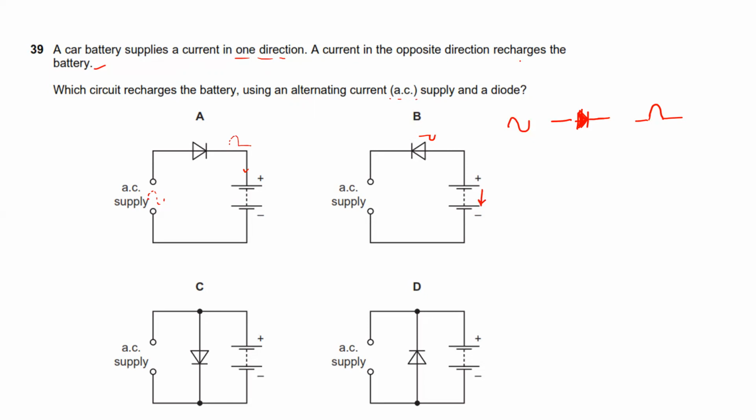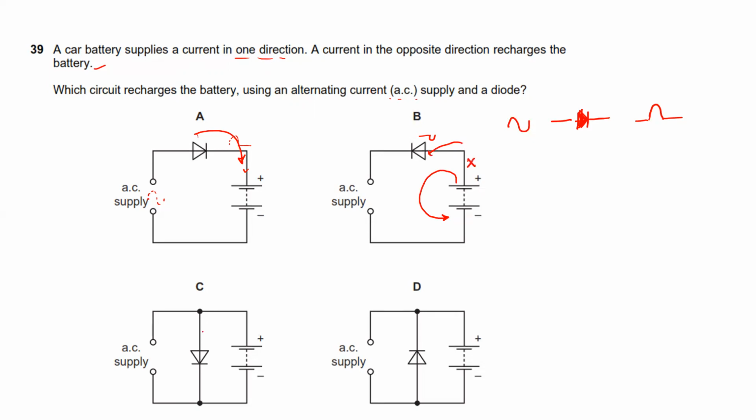The battery supplies the current in this direction, from positive to negative. So the current in the opposite direction should be the one that is charging. So it means that the current should be flowing in this direction. So negative current will be in this direction.